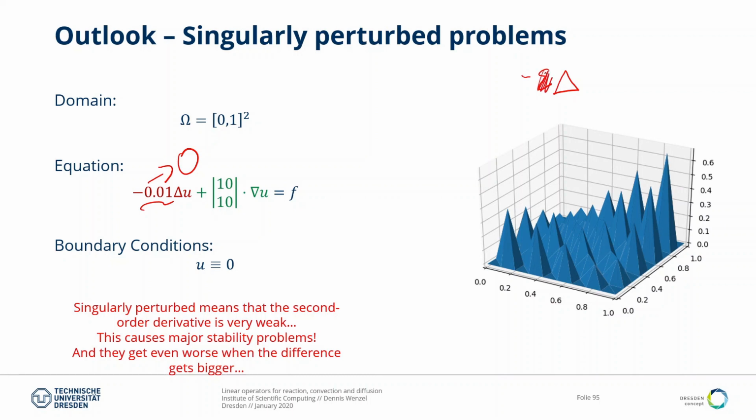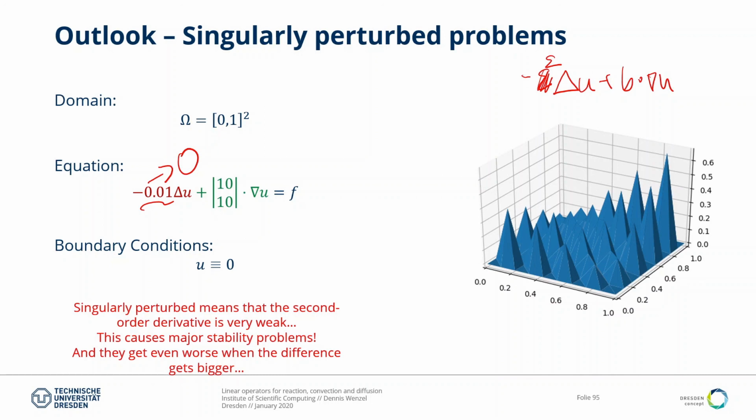We will be talking about this in the next lecture. So you have a small factor here in front of your Laplacian, plus some large convection. This is common in fluid flow problems. There you get problems at the boundary condition, at the boundary points. And so far, we cannot handle them.